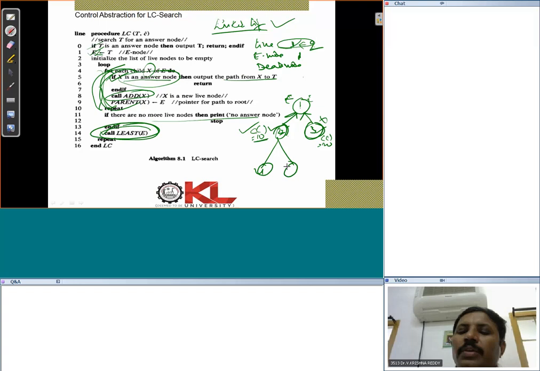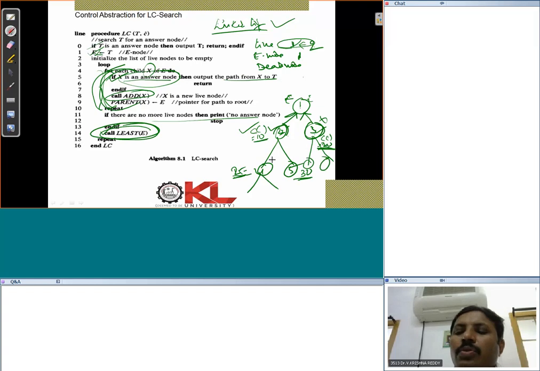Suppose 4 and 5, this cost is 15, this cost is 30. In the next step, this cost and this cost, these three are the live nodes: 15, 30, 20. What is the least cost that can be expanded first? Suppose it is 25, all of you please observe: 25, 30, 20, three nodes are live nodes, ready to expand. Which cost value do we have to expand? 20, we have to expand.